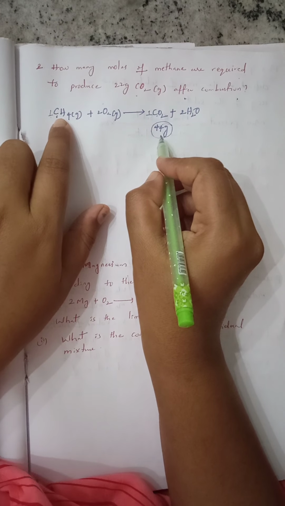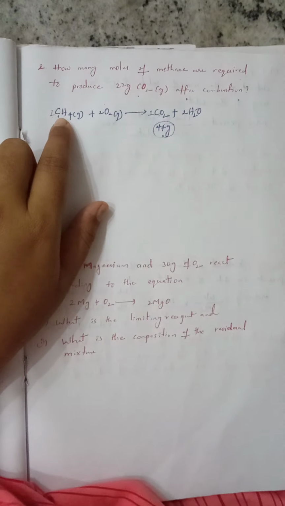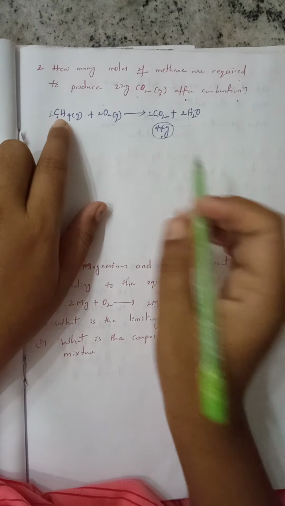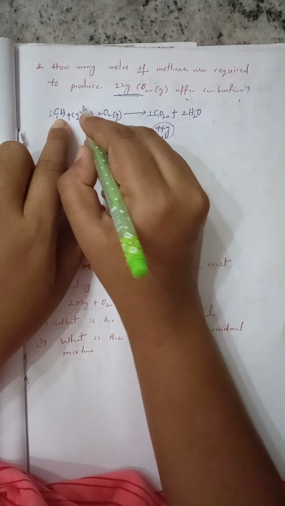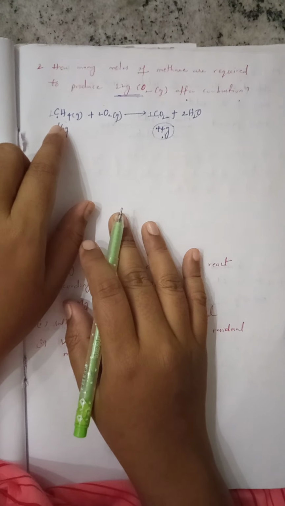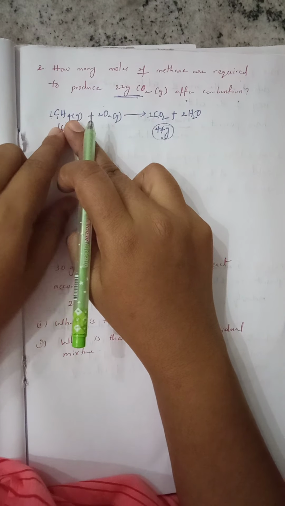Then X moles of CH4 can give 22 grams of CO2. So for 22 grams of CO2, what is the required amount of CH4 that we want to find out?